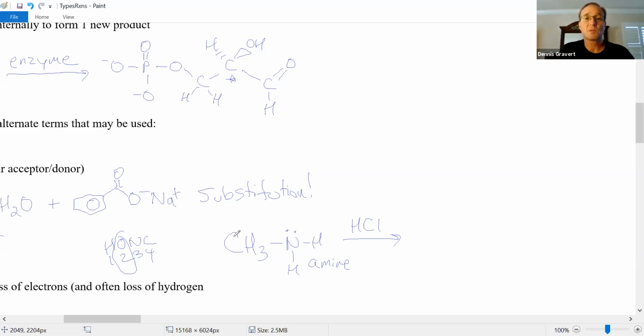But if we swap out the methyl with a hydrogen, then that's ammonia. And ammonia, you might remember from general chemistry, is a weak base. And it turns out the amines are also weak bases. Okay, so when we get to the section about amines, we'll talk about acid-base chemistry of amines. Amines are bases, weak bases.